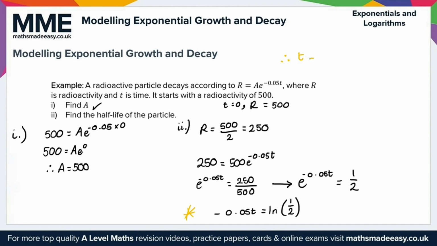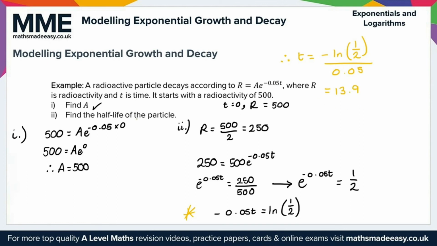So t is equal to minus the natural logarithm of a half divided by 0.05. And if we evaluate this on our calculator, what you will find is 13.9.